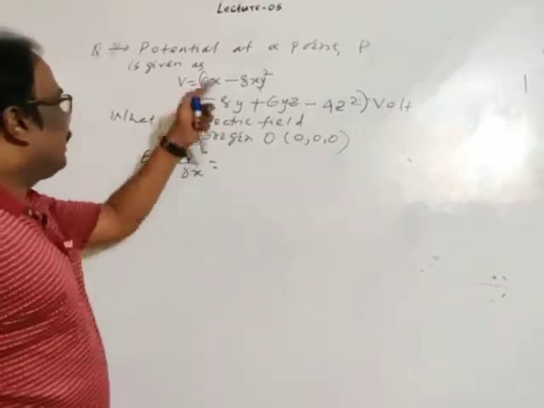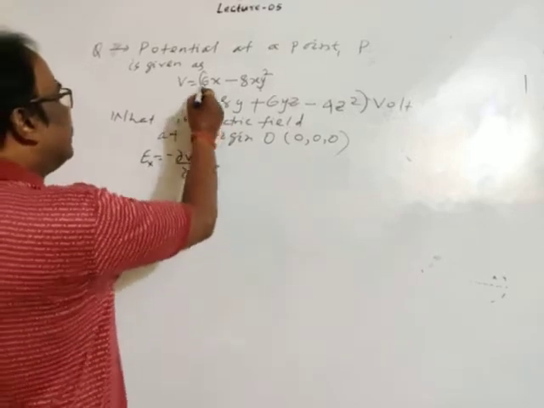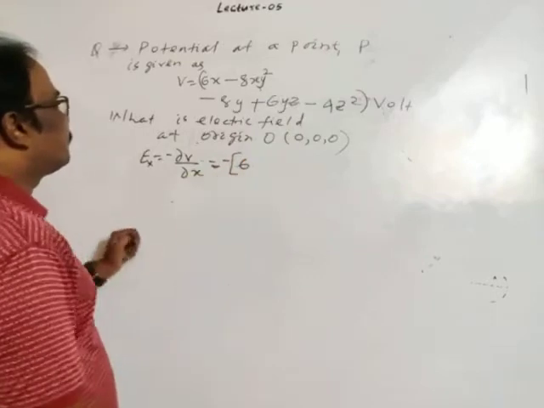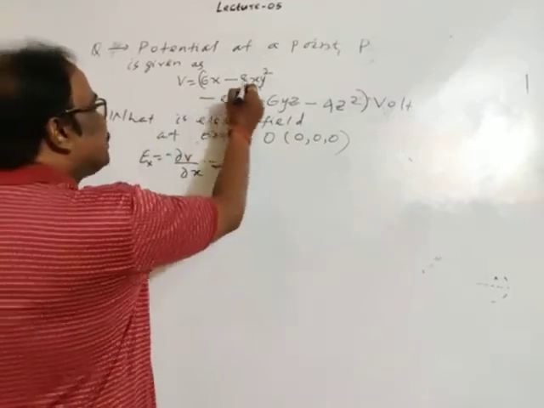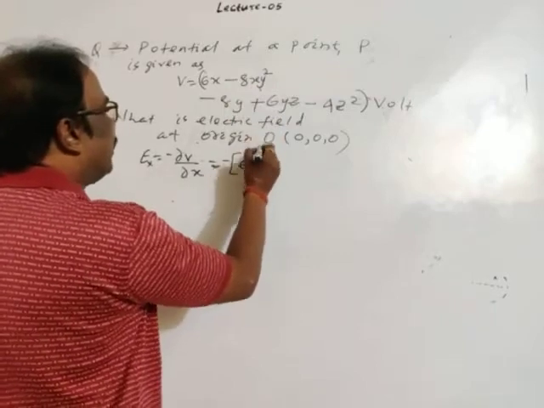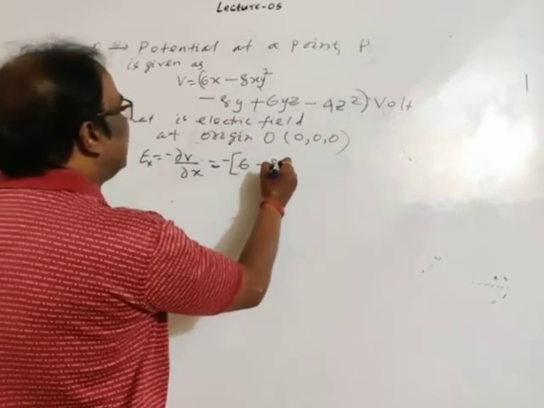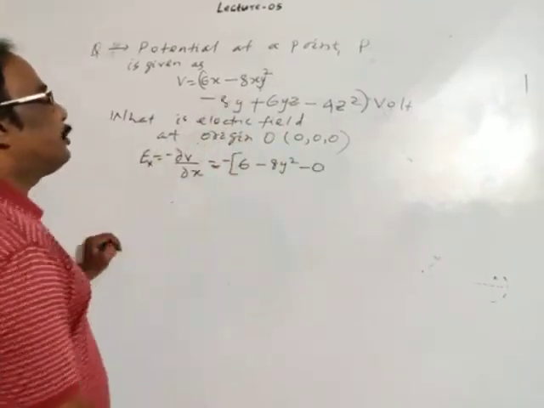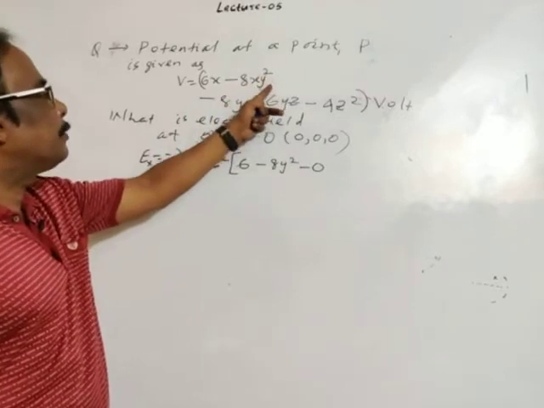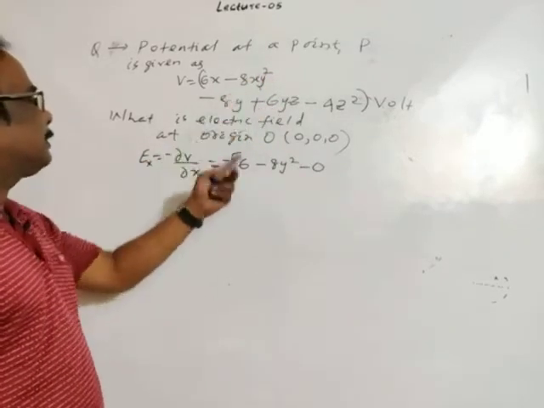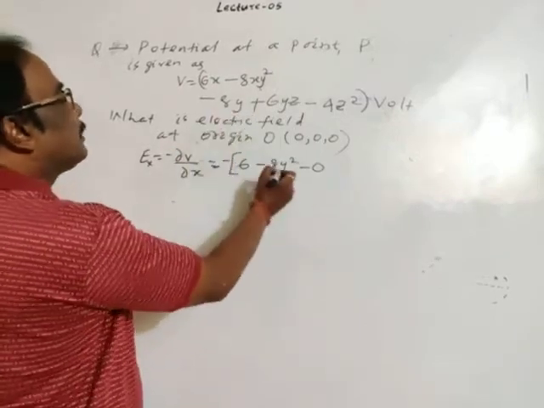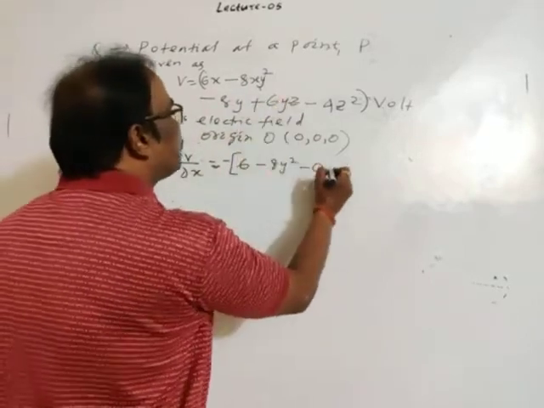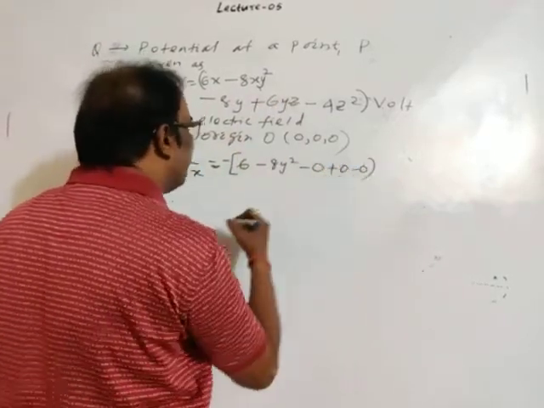Then taking the partial derivative, 6x gives 6. The term minus 8xy square gives minus 8y square, since the partial derivative of x is 1. Then minus 8y is 0, minus 6yz is 0, minus 4z square is 0.